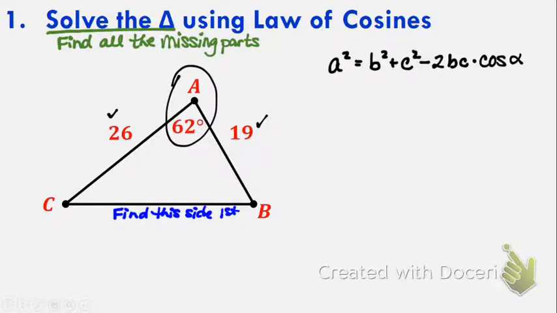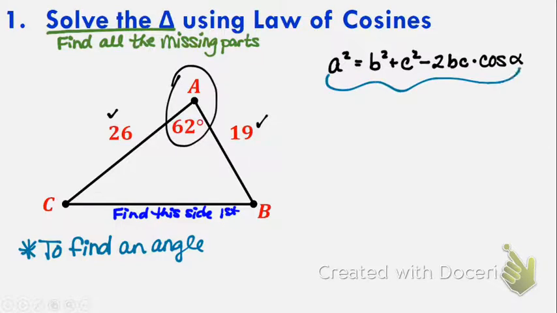Kind of a little side note that I'm going to add at the bottom here. If you want to find an angle, what do you have to have? Look at this equation. If I want to find an angle, what am I going to have? All three sides, because I'm going to have to put something in here, here, here, here, and here.